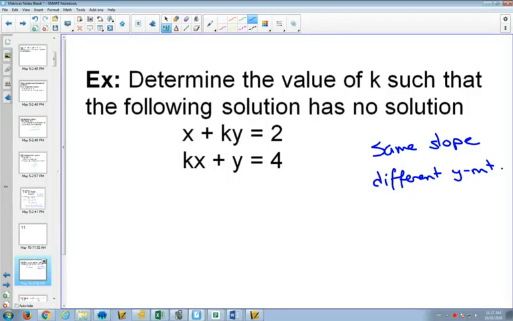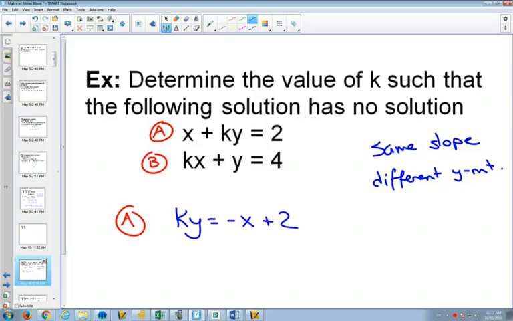So if we arrange both of these to y equals mx plus b, again, I'll call this equation A and this equation B. For equation A, if I rearrange this, I'm going to get ky equals negative x plus 2, dividing everything by k. We get our equation to be negative 1 over k x plus 2 over k.